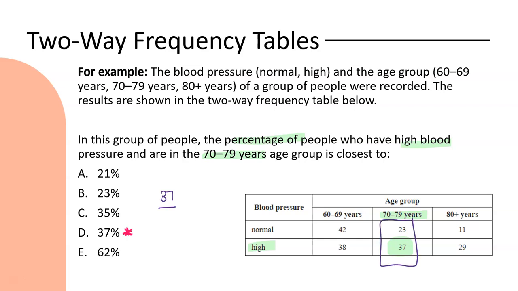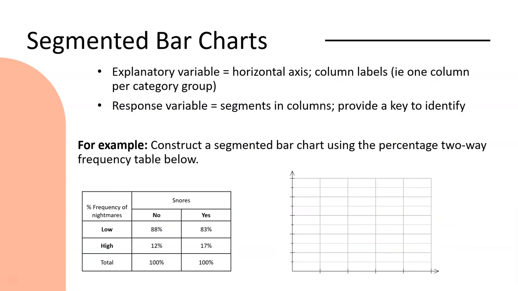In our 70 to 79 years age group, we've got 60 people total, times by 100, and we will get 61.67. So our closest answer is E at 62%.